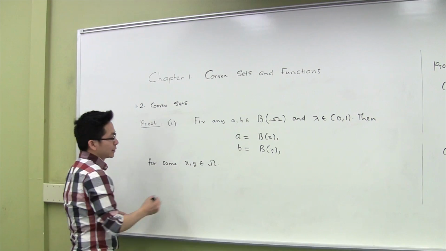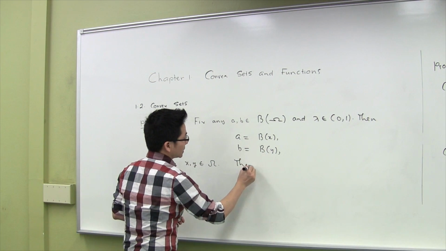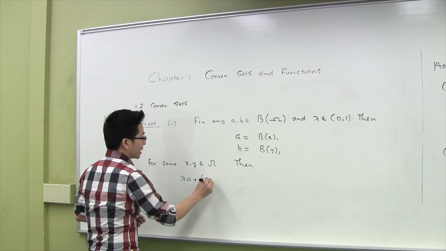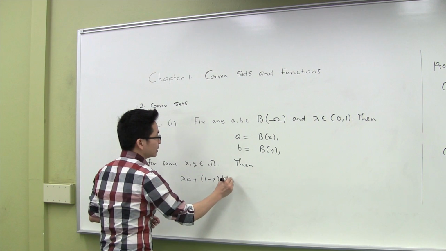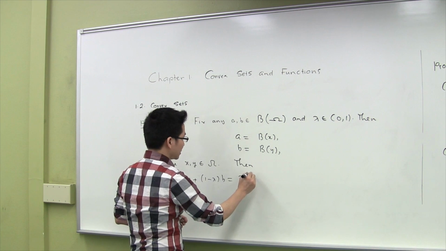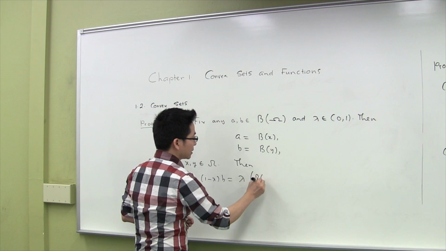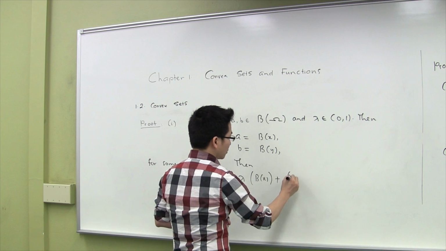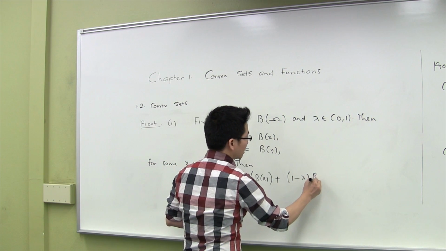Then lambda a plus 1 minus lambda b is equal to lambda times B(x) plus 1 minus lambda times B(y).